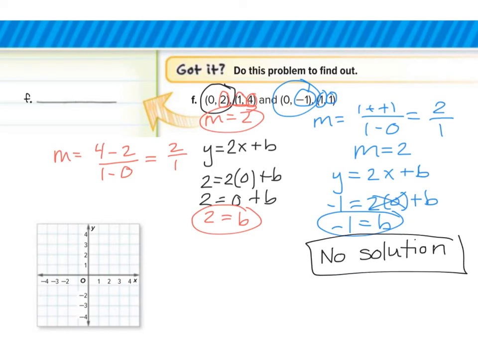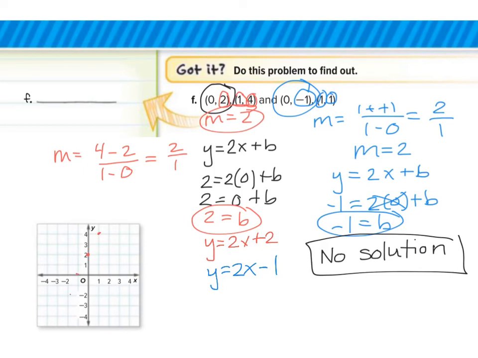For the first equation, I'm going to rewrite it: y equals 2x plus 2. And my second equation is y equals 2x minus 1. So I've got a slope of positive 2 and a y-intercept of positive 2. Up 2 over 1, down 2 over 1.